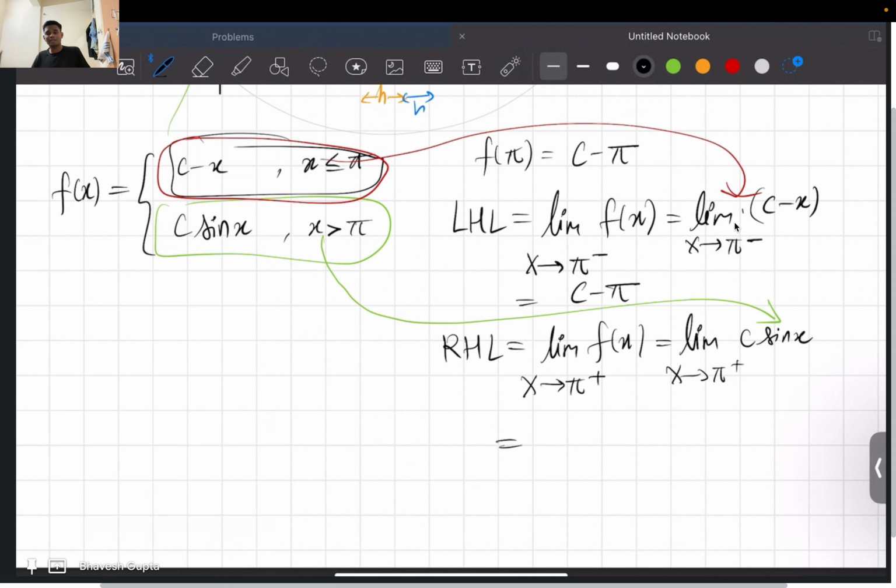Since again this is not an indeterminate form, you can directly substitute, and that turns out to be c times 0, which is 0.